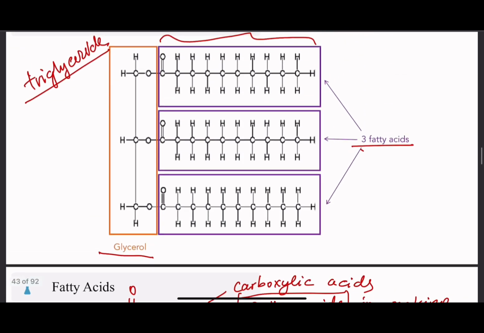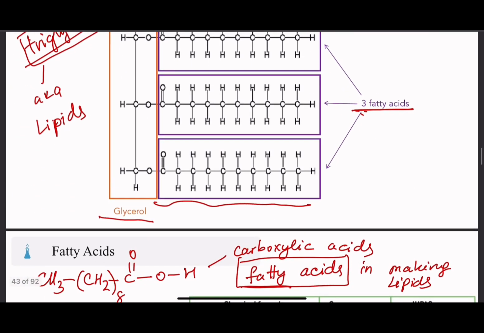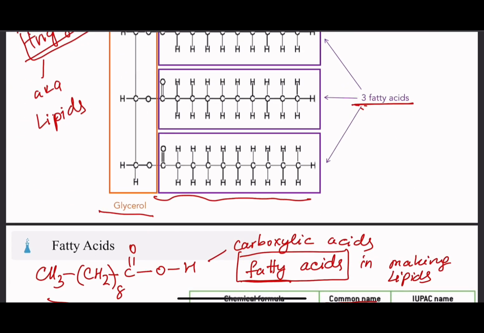For example, I've got 3 fatty acids here because they are making a triglyceride, a part of the lipids we talked about. This is why they are non-free. They are not free.